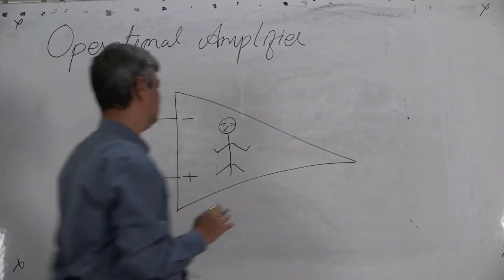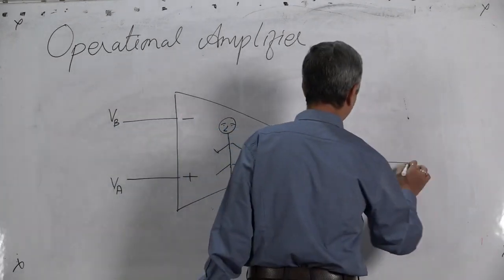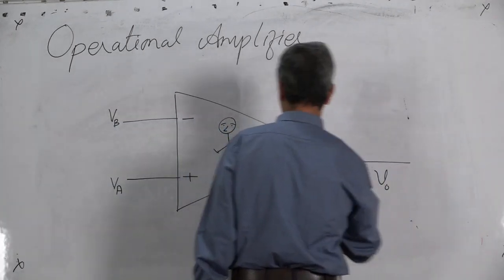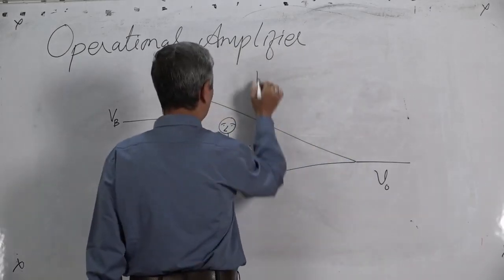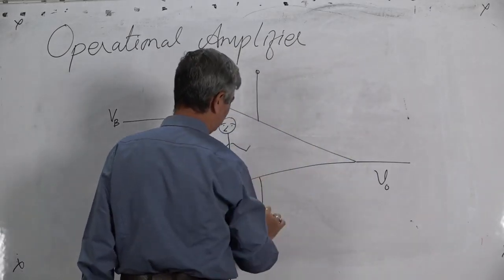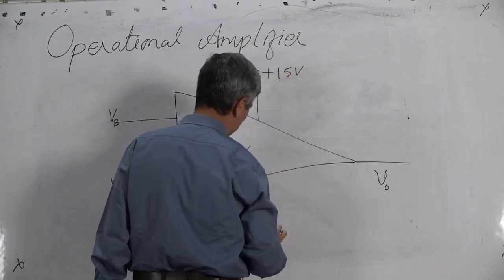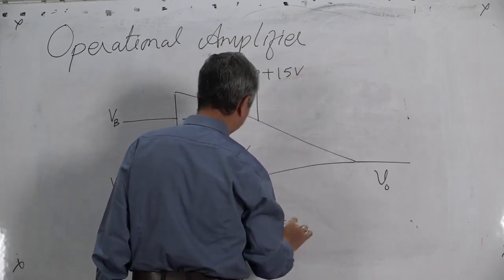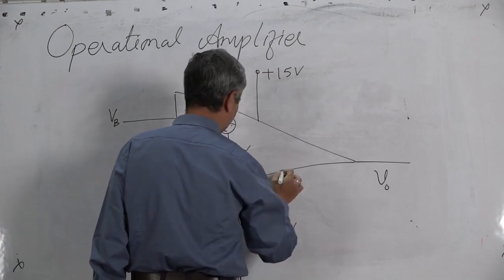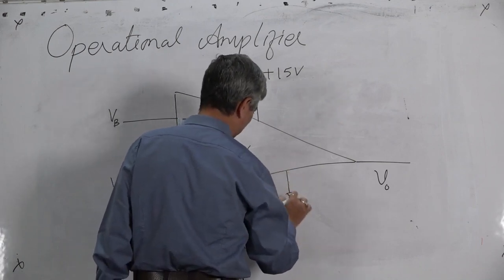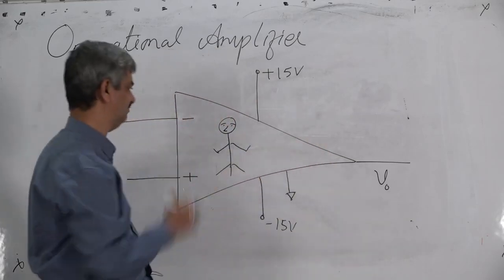Now let us give you a very simple description of the operational amplifier, which will not be available in any book. You may try a Google search and you will find that you simply don't have it. Now I am just drawing the ground terminal on the right hand side for a simple purpose.